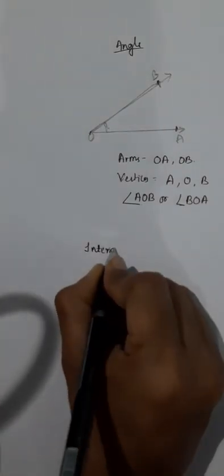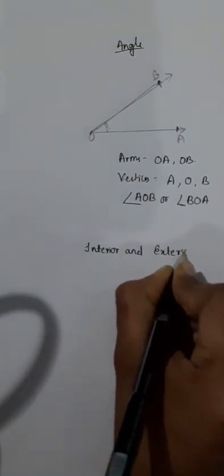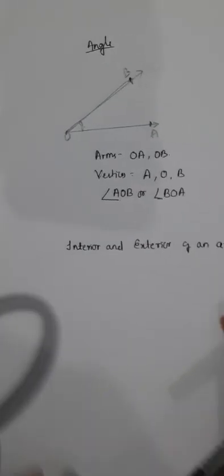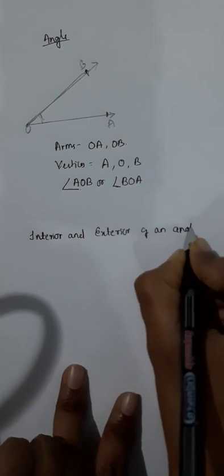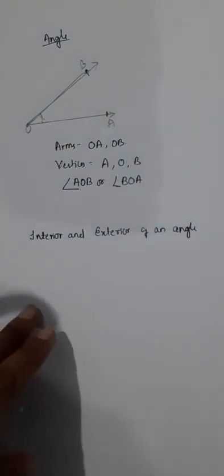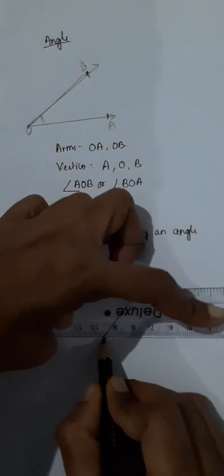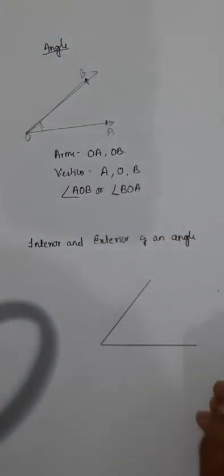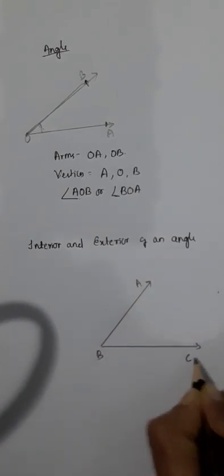So interior and exterior of an angle. Consider an angle. Consider this as the angle ABC. Okay.